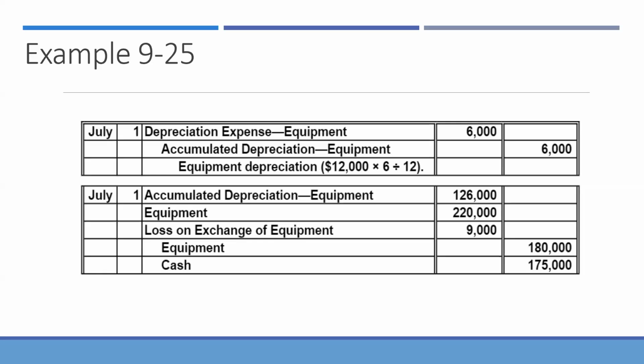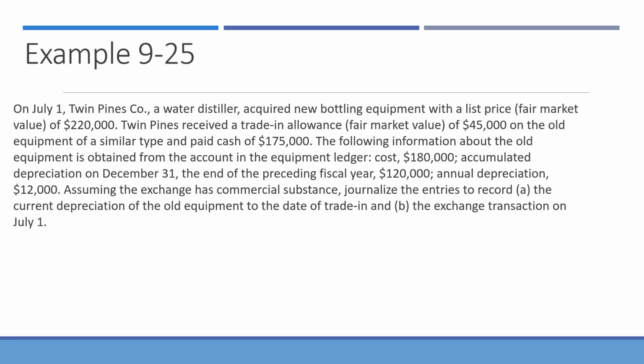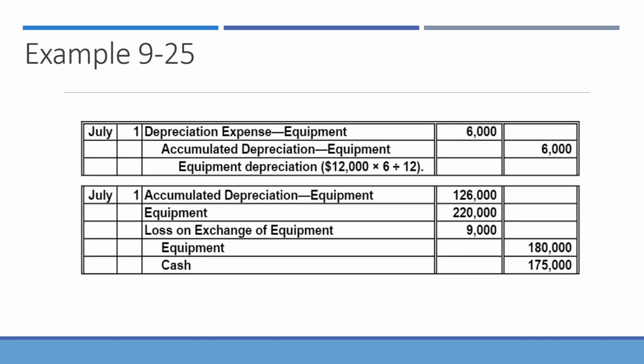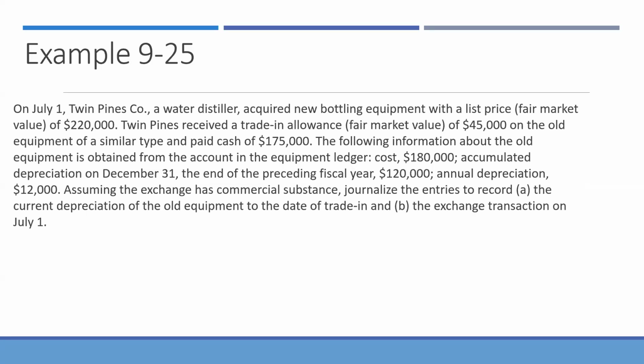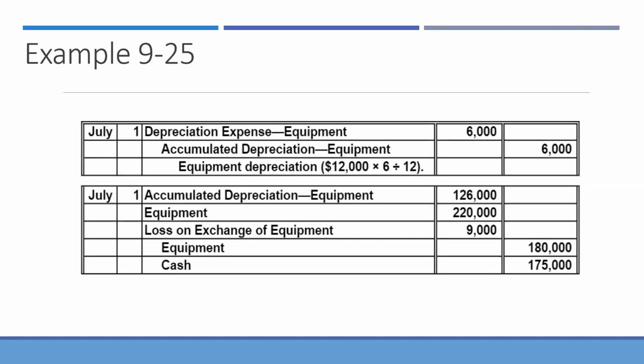And the best way to go about approaching these problems is like putting together pieces of a puzzle. We have all these facts in the problem, and it sounds like there's a process to doing it, but we know that we're going to have to record the initial depreciation first. So we record that first.